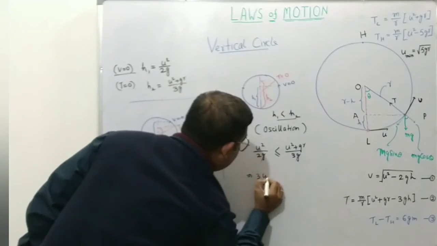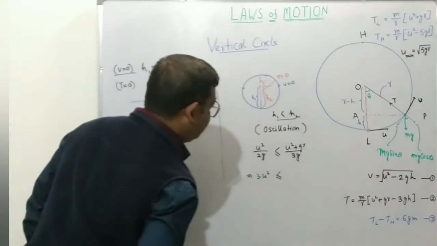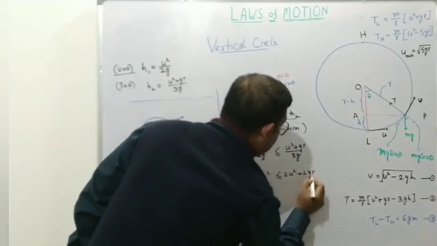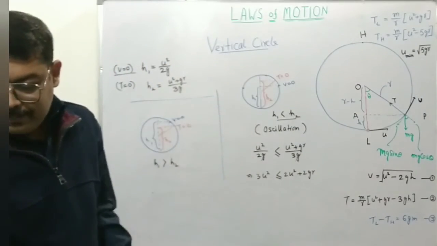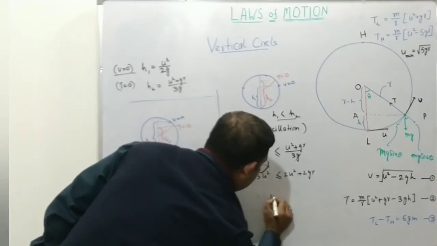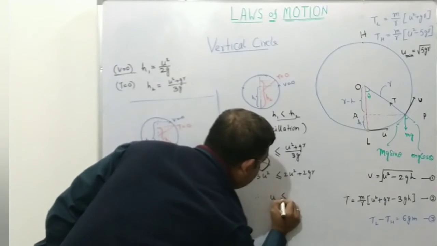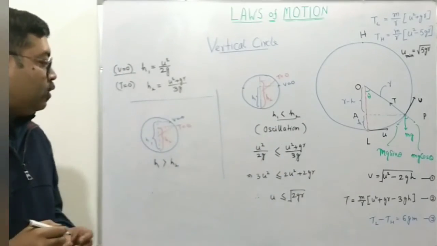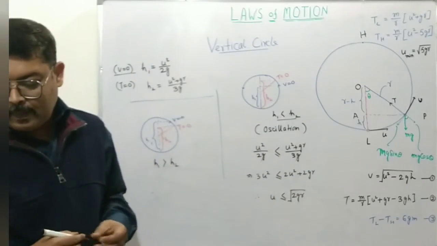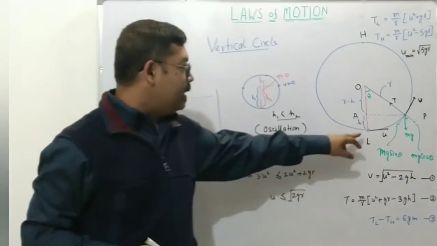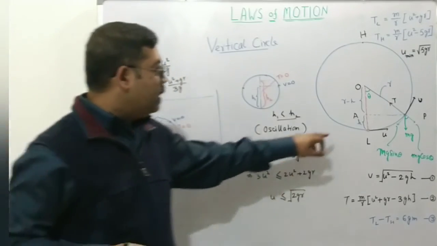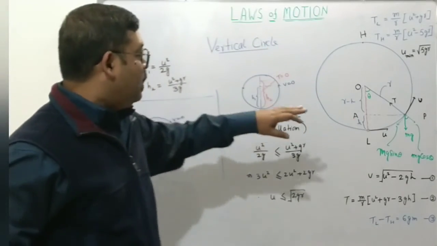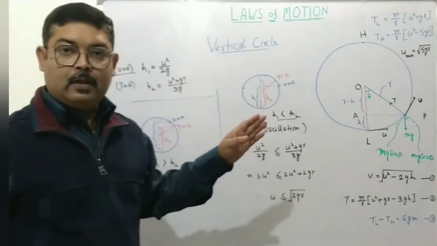So 3u square must be less than or equal to 2u square plus 2gr. That is to say, u is less than or equal to the square root of 2gr. So if the velocity given to the object is less than root 2gr, then the object will oscillate in the path. It will not be able to complete the circle.